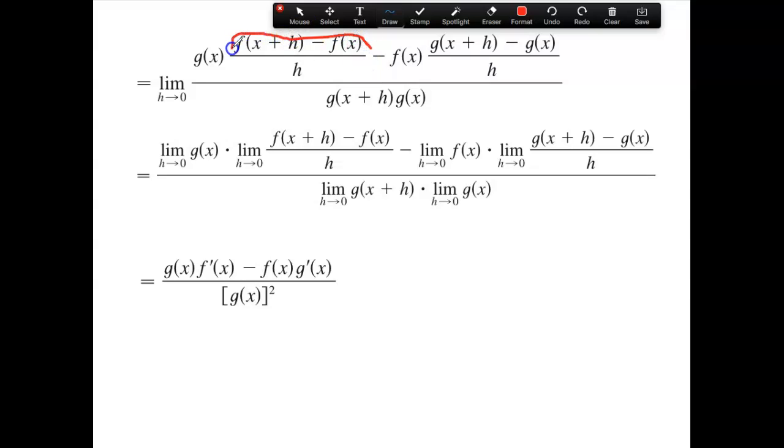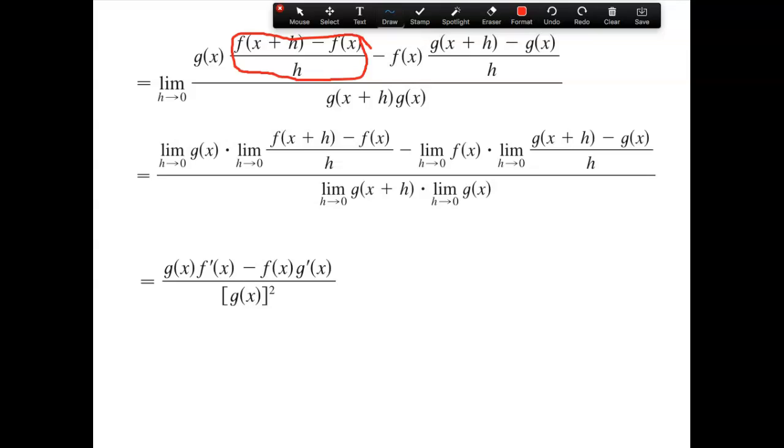What is this little factor the definition of, in the chat? When I take the limit as h approaches 0, what is that going to become? Not g prime, f prime, right?